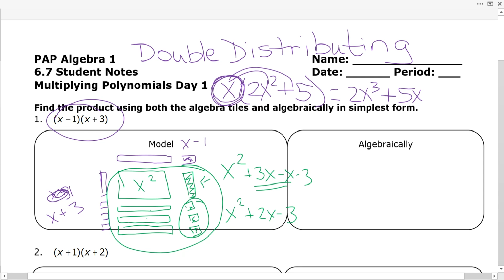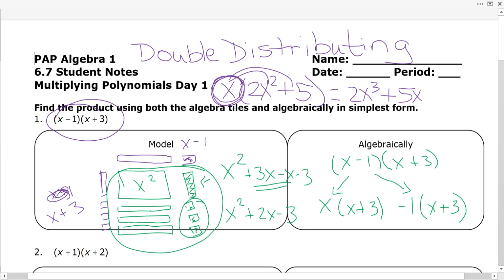Okay, if I'm going to do that algebraically, I'm going to do what we're calling double distribute. So I'm going to take my x minus 1 times x plus 3. I'm going to break up my x minus 1 into 2 separate things, and I'm going to multiply each one of those separately times x plus 3.